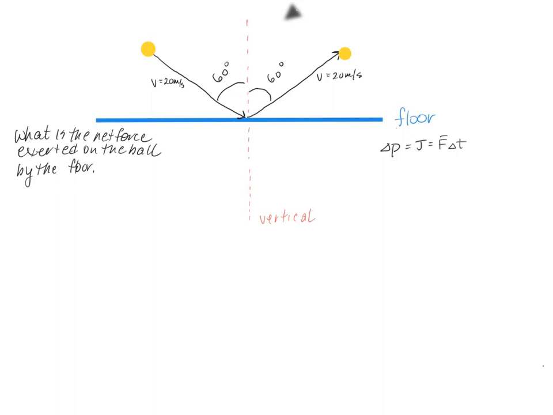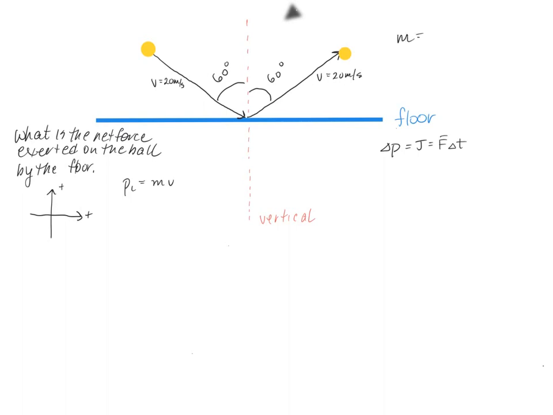Okay, so this is a two-dimensional problem where we're going to define the traditional x and y to be positive that way and positive that way. So first, let's find the initial momentum. Pi equals mv, and that's a vector. So notice I haven't given you the mass of the ball yet.